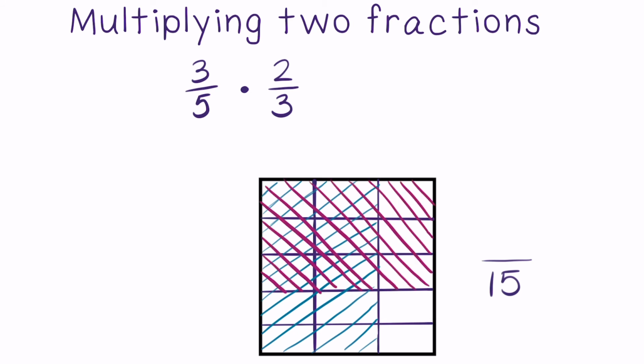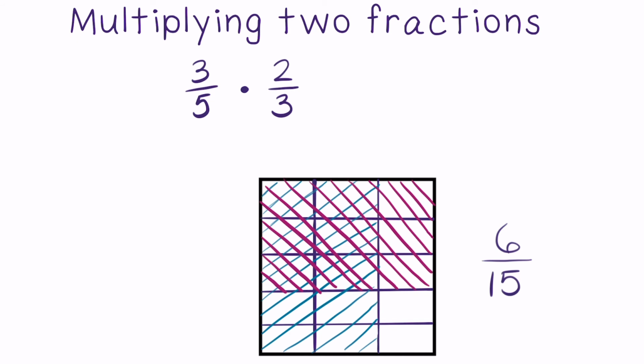When we look at the whole, we can identify that out of the 15 equal parts that were created, 6 of them have been double shaded. 6 out of the 15 equal parts are represented as 3/5 of the 2/3. We have shown visually that 3/5 of 2/3 is 6/15.